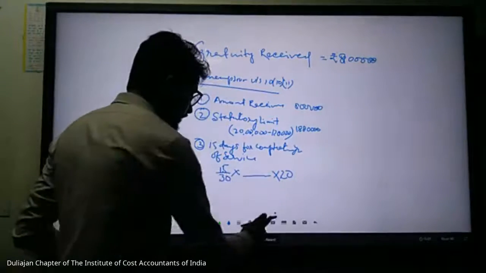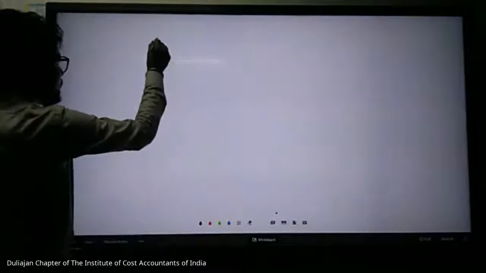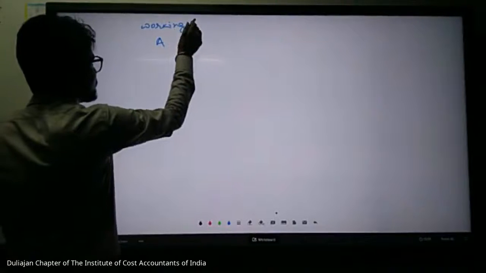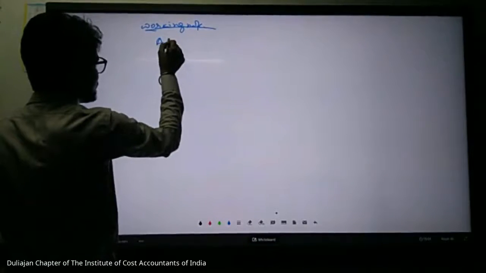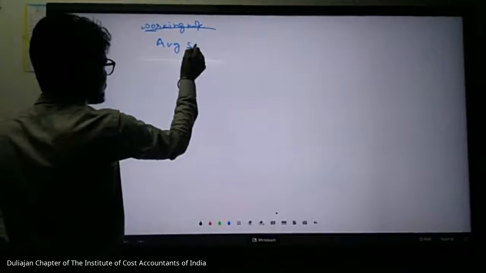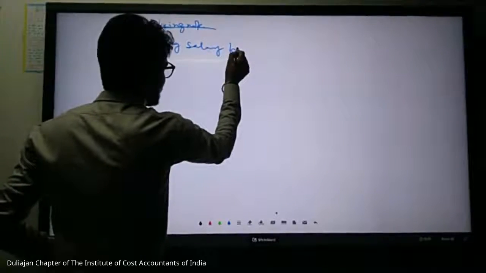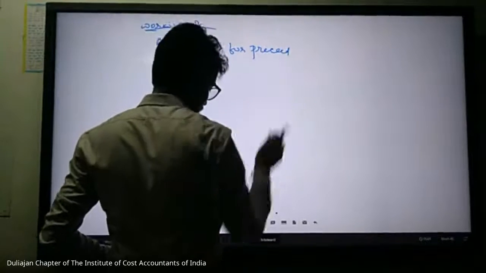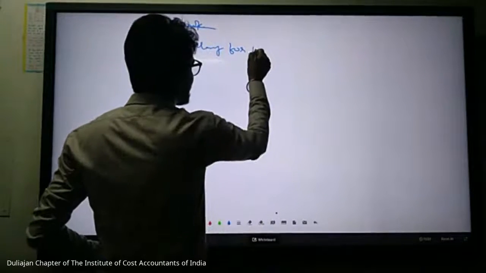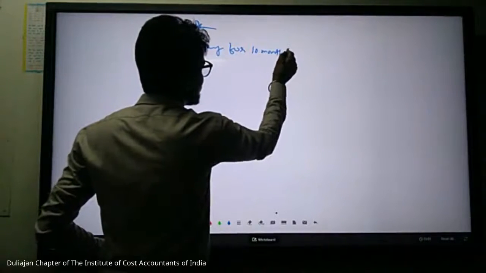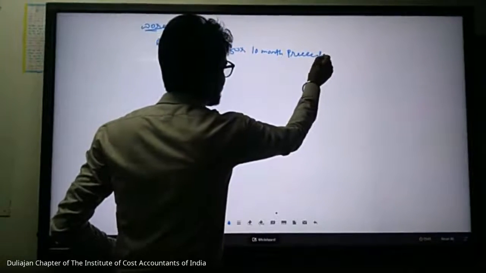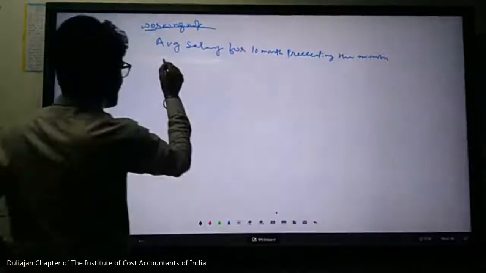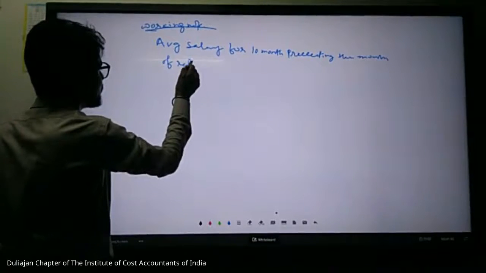Now we will calculate the average salary. This is my working note. Average salary for the preceding 10 months preceding the month of retirement.